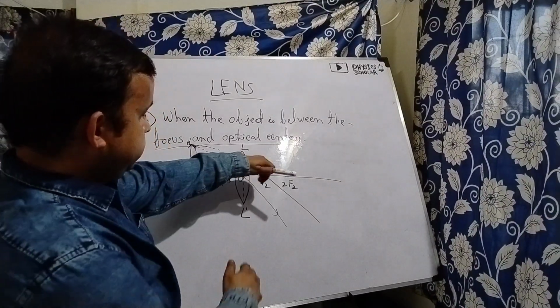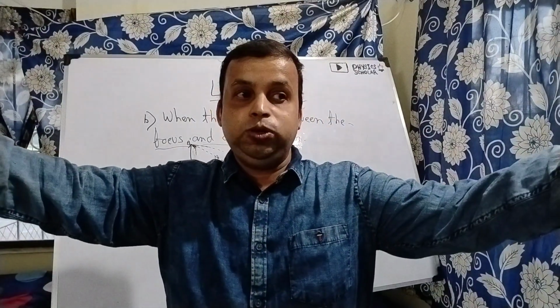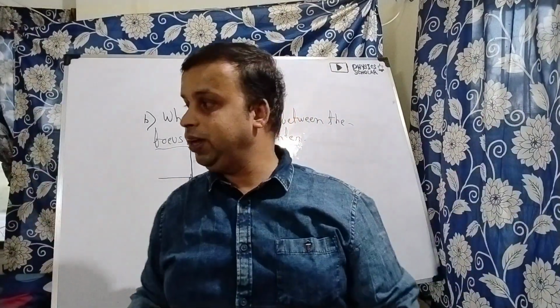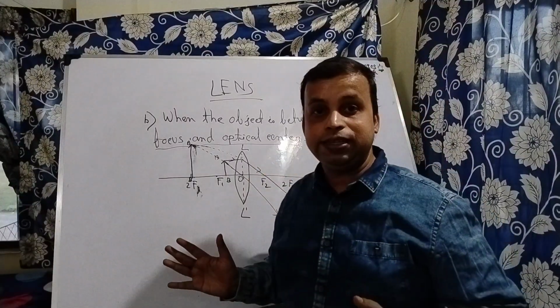These rays are divergent in nature, which means the distance between them will increase as we move. The emergent rays coming out from the lens will never meet at any point.